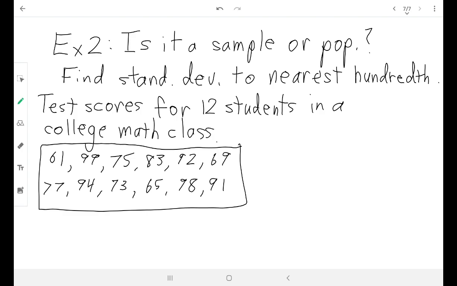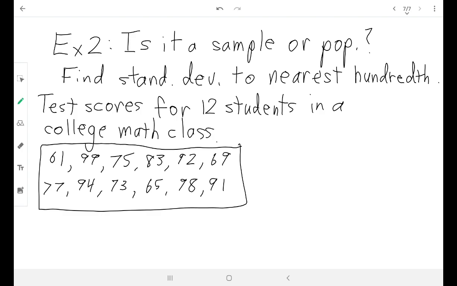So if it was a population, then there would only be 12 students in the entire class. That's not very probable, although the wording is a bit ambiguous. It doesn't tell us whether that's the whole class or not. But usually this would be such a small class you couldn't even have it.